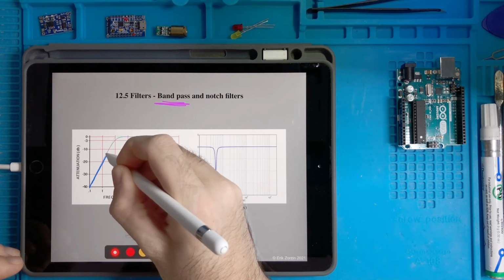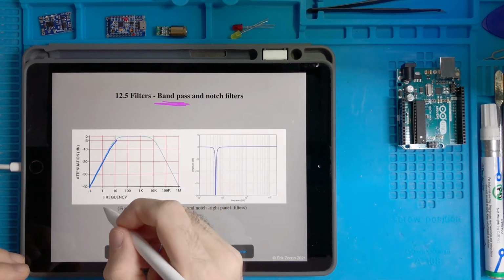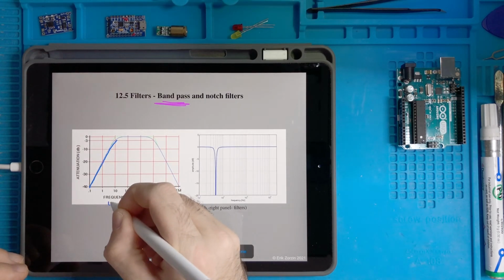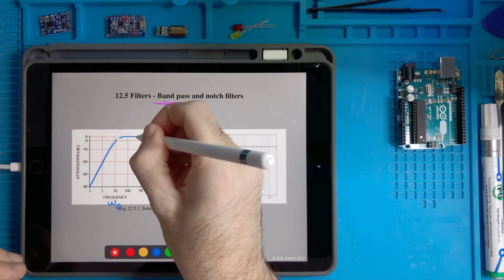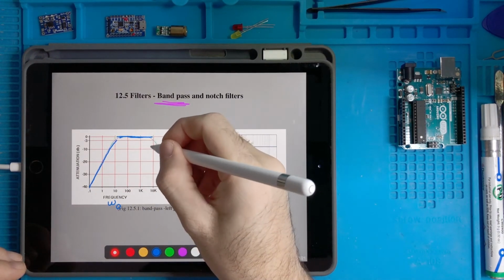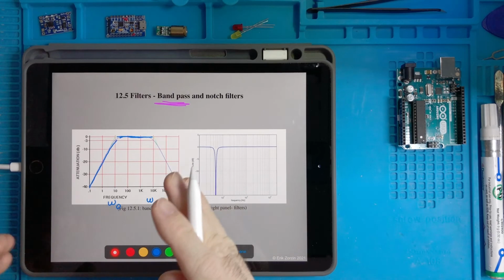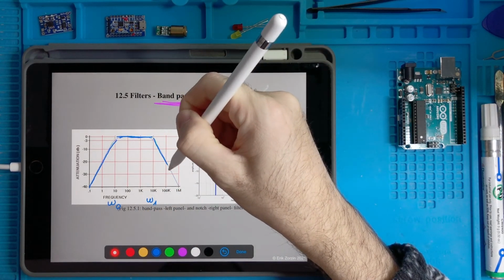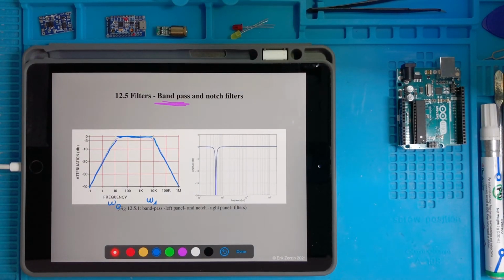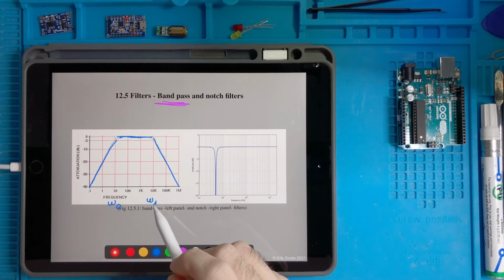It suppresses the frequencies before a certain omega 0, then those frequencies between omega 0 and a certain omega 1 will be transferred to the output, and then again it suppresses the frequencies after this omega 1.